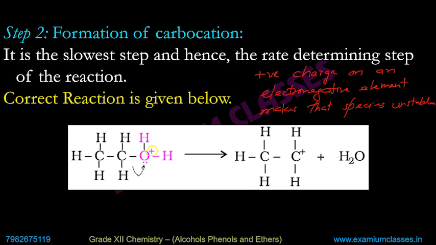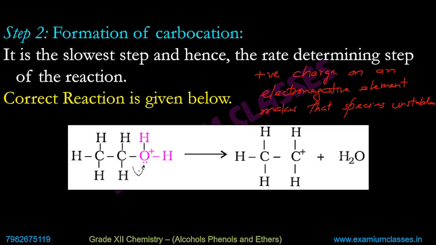It is true for negative charge on an electropositive element also. For example, negative charge on carbon will also be unstable. So because it is unstable, and positive charge logically should be on carbon, that's what happens. The positive charge gets transferred to carbon and we get a carbocation.